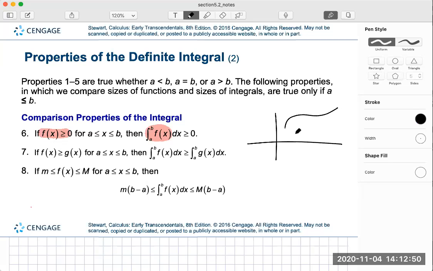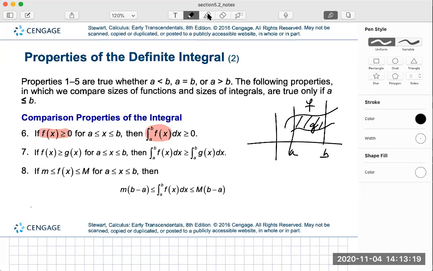If this is f and this is g, the difference of f and g, integrated from a to b, will give us this area. Okay, very good.